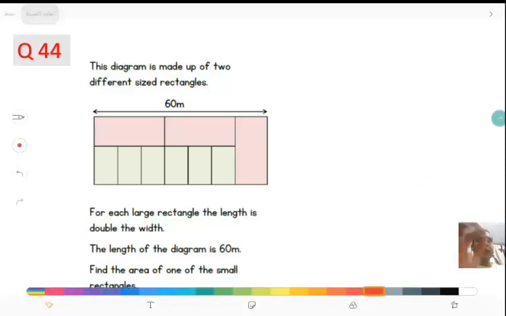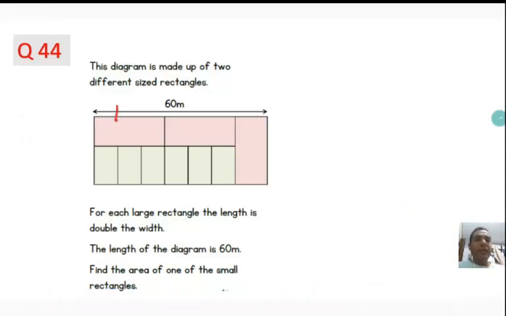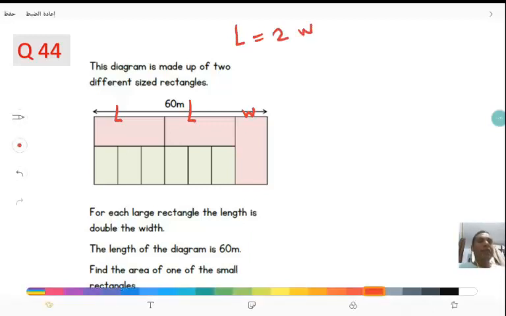Okay, so here if we say the length is L and the width is W, that means L equals 2W, because it says the length is double the width.